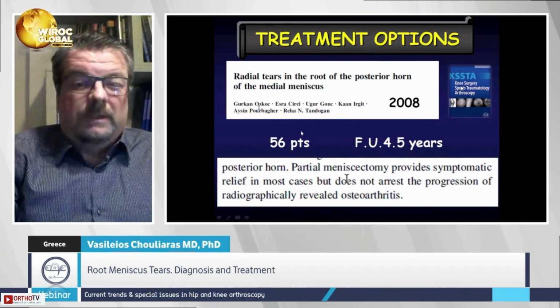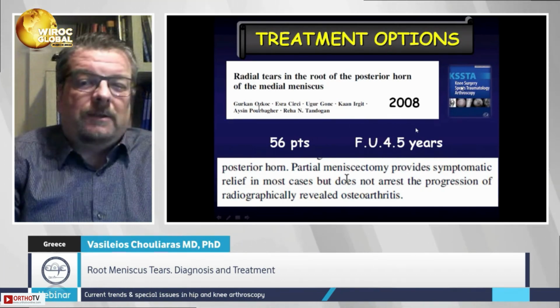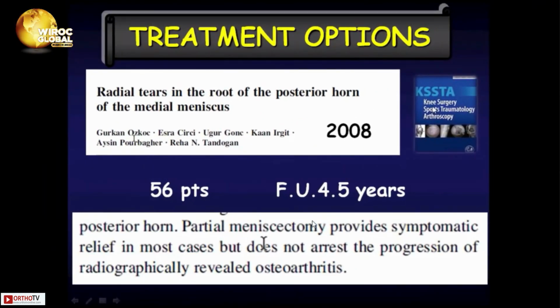Some years ago, in 56 patients with a follow-up of less than 4 years, they found out that the partial meniscectomy provides symptomatic relief in most cases, but does not arrest the progression of radiographically revealed osteoarthritis.